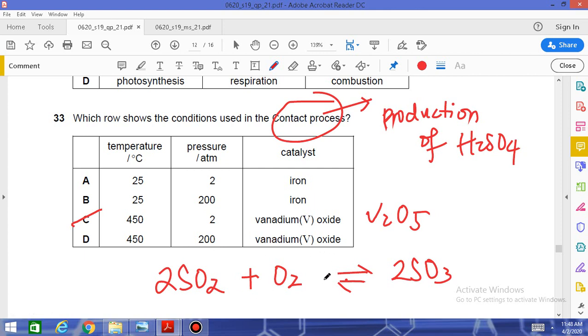Atmospheric pressure is enough to make sulfur dioxide and oxygen react with each other. So the answer is C.